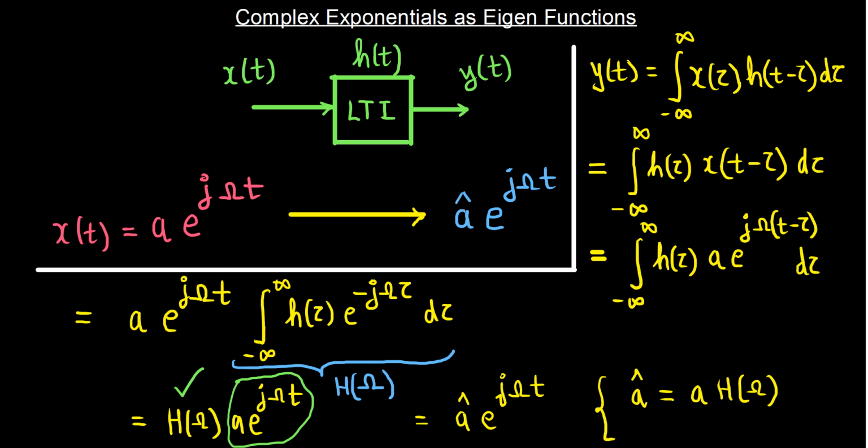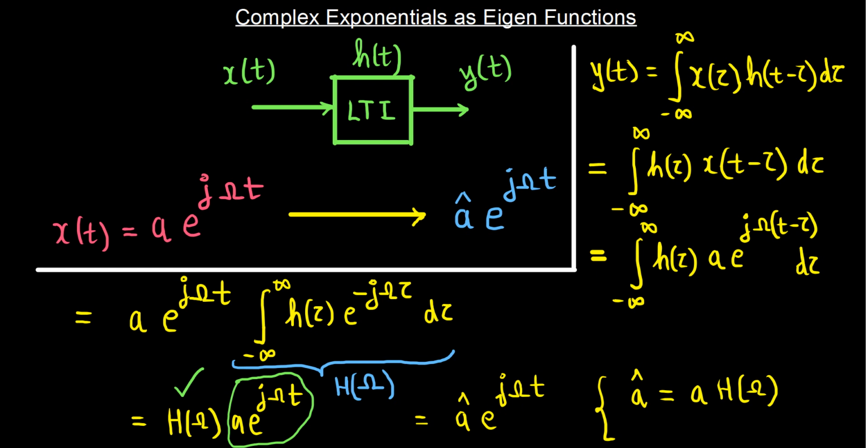And what would be that change? That is a well-defined function, that is the integration of h of tau e to the power minus j omega tau. And assuming that this integral will converge, this would result in the change in the amplitude, but the complex exponential frequency would remain constant.